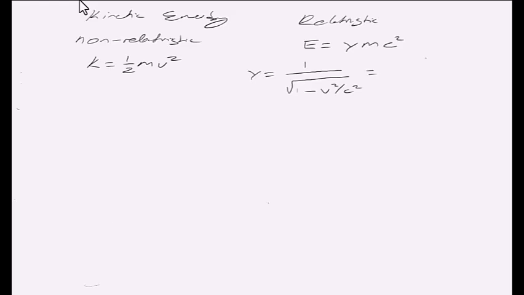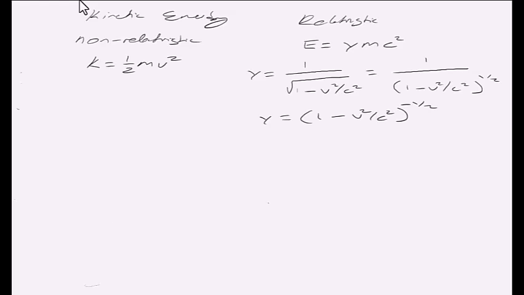which we can also write as 1 over 1 minus v squared over c squared to the power of 1/2, and we can write that again as 1 minus v squared over c squared to the power of -1/2, using our laws of indices.